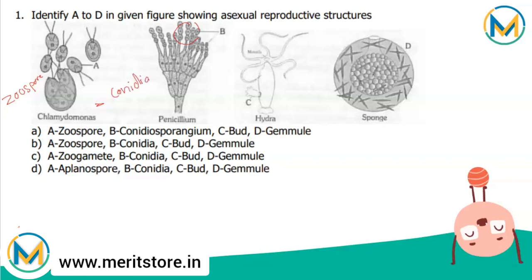conidia. Then the third structure, that is the member of the genus Hydra, reproduces by budding, a type of asexual reproduction in which a new individual develops from a generative location on the parent's body. So here they generate by the bud. And the last, that is sponges, reproduces by both asexual and sexual means.